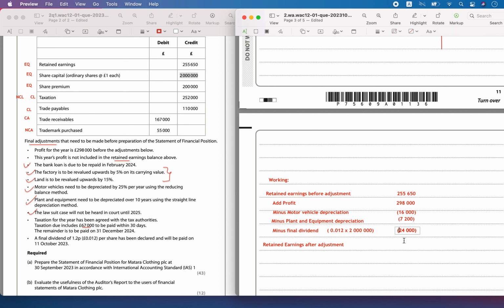This also you will subtract from the retained earnings.